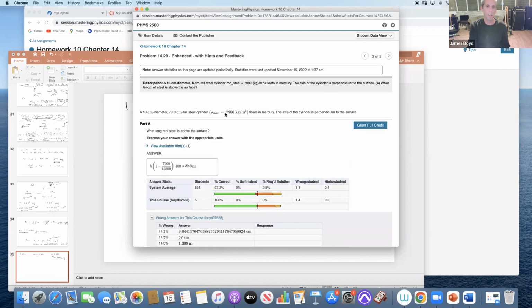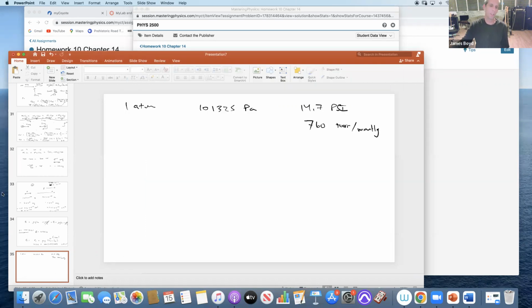So the next one, a tall cylinder floats in mercury. The axis of the cylinder is perpendicular. What length of steel is above the surface? Buoyancy. What this means is for something to be buoyant, the force of buoyancy minus the weight has to be equal to 0. But density is mass over volume. So this is the buoyant force, the mass of fluid displaced times g.